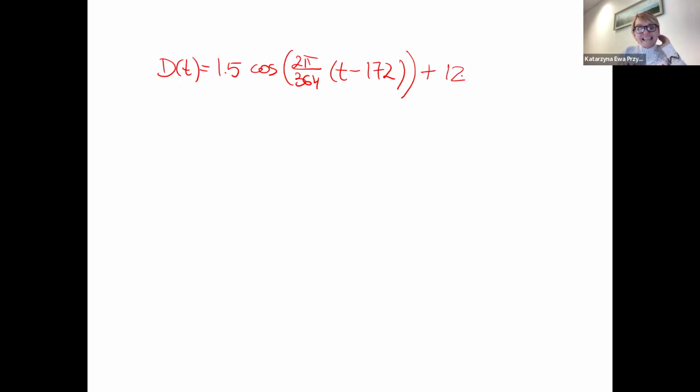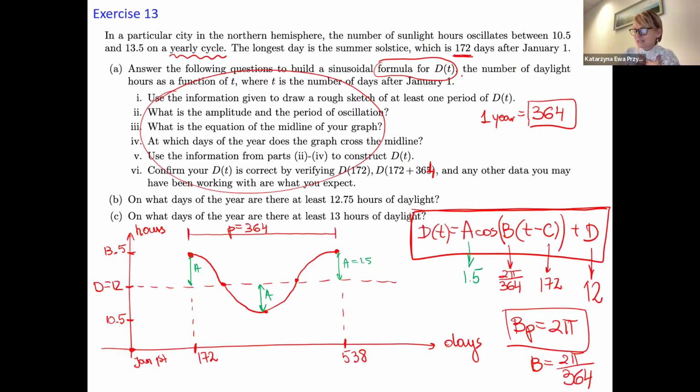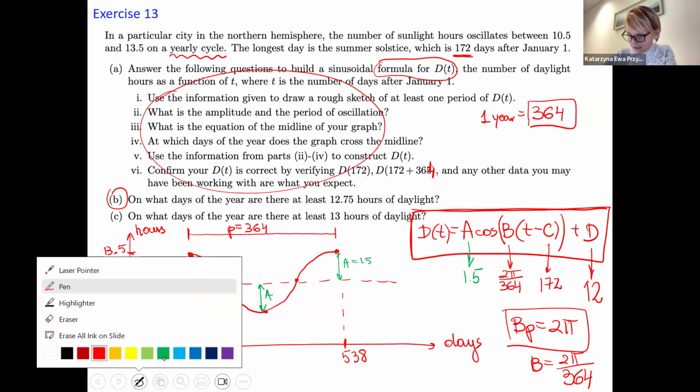And then maybe on the test, I can ask you just to find one of these parameters, maybe A, maybe B, maybe C, maybe D. Please make sure that you know this. And what I wanted to do was solve part B. On what days of the year are there at least 12.75 hours of daylight?